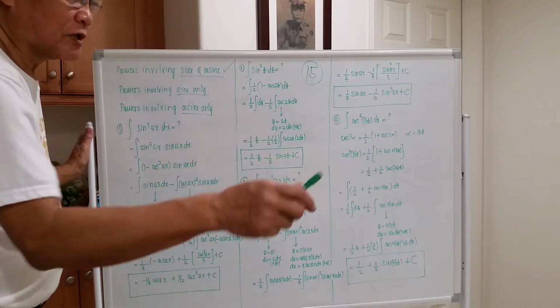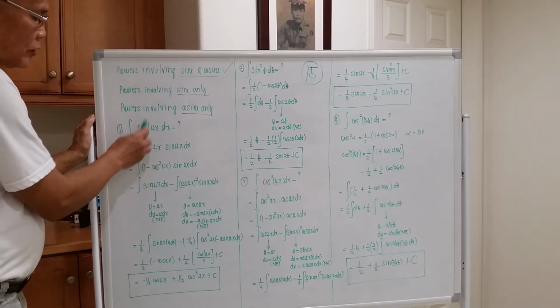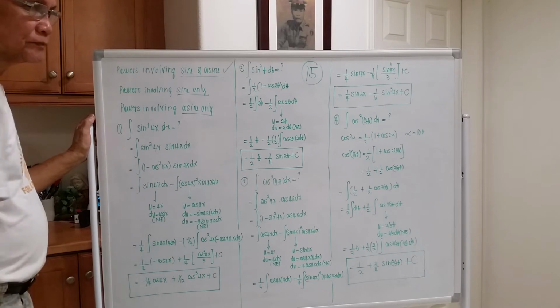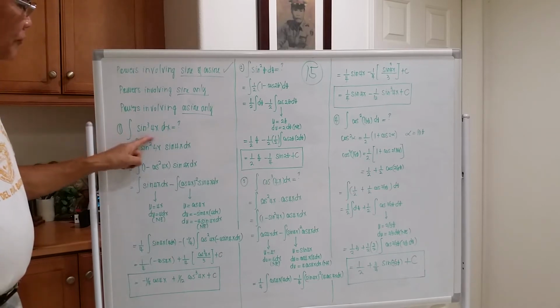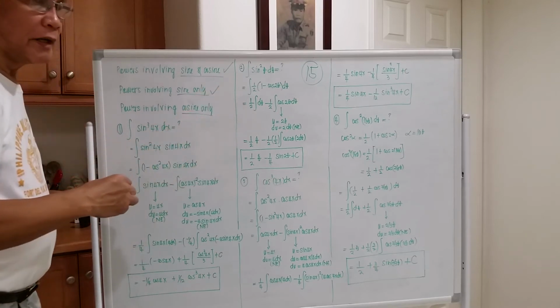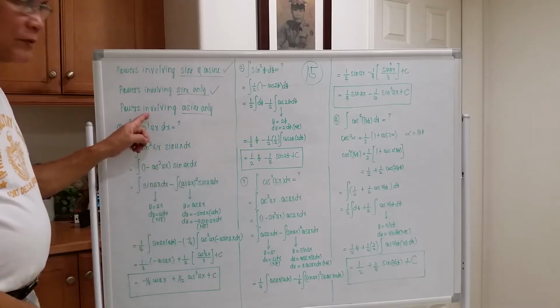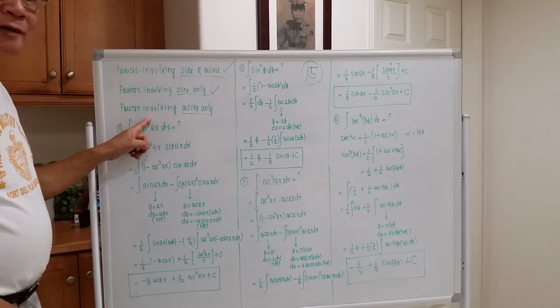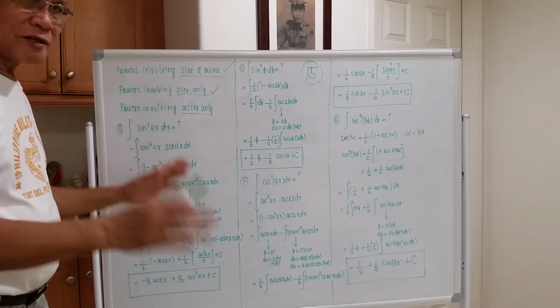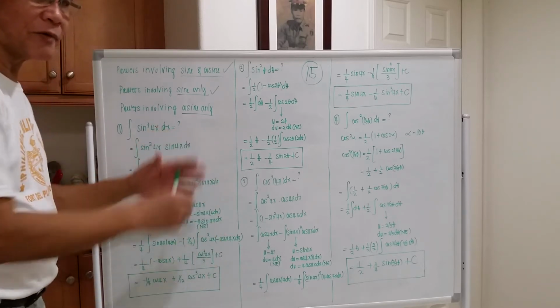Okay, let's proceed with example number 1. The integral of sine cube of 4x dx. It's a pure sine, so it involves sine only. And unluckily, the power of the sine is to the third power. So we must bring out the identities needed to solve this problem.